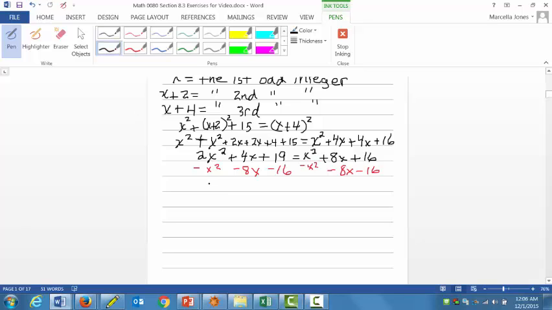So that gives us x squared minus 4x plus 3, and that equals 0.